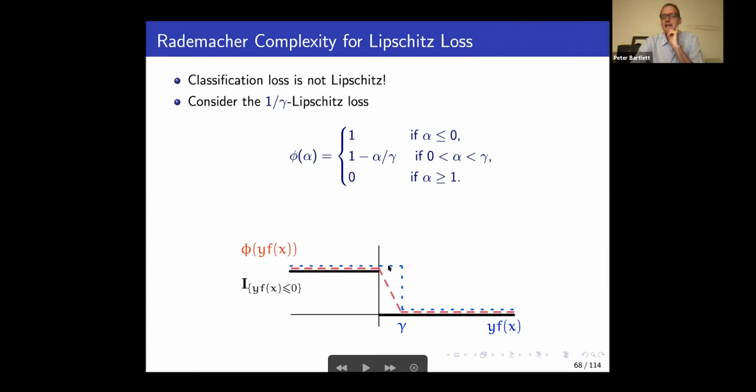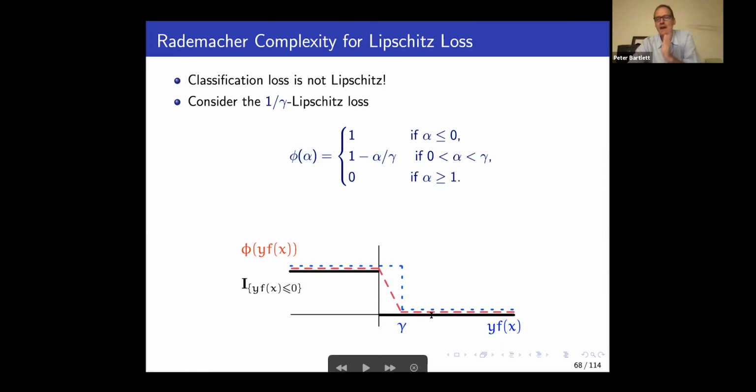Okay, and then the dashed blue line, that's the indicator for having a margin less than gamma, right? So when we want a large margin, we want to be out in this region, right? We want most of our points out here. So this is a loss that counts a 1 for every point that's closer than gamma to 0. And you'll see that it's at least as big as the Lipschitz loss everywhere.